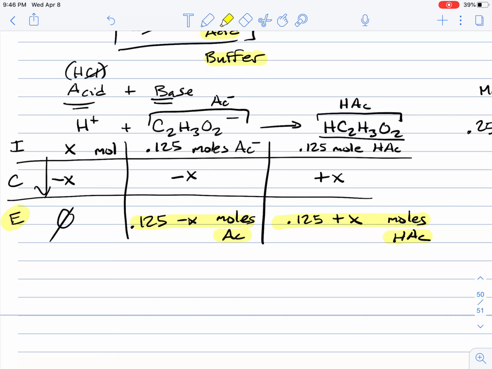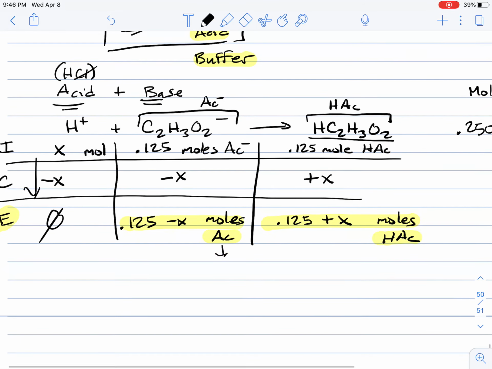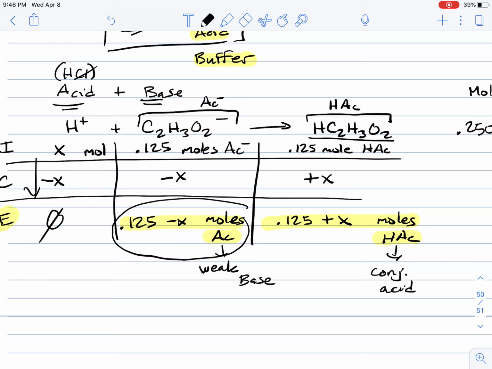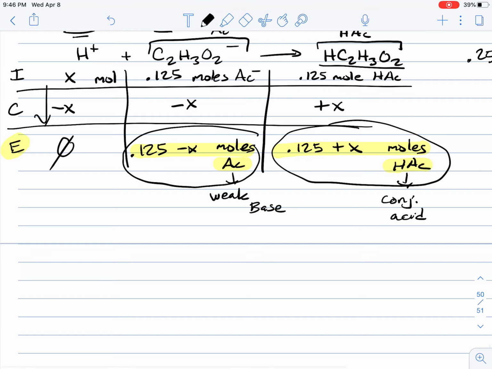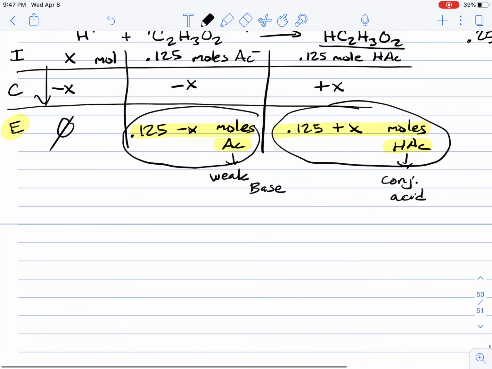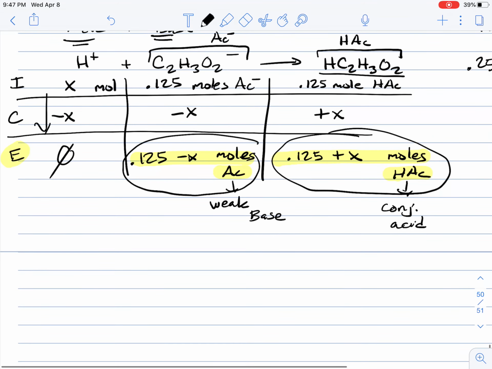And once again, since acetate is a weak base and acetic acid is its conjugate, and since we have both of them still present at equilibrium in our solution, we can go ahead and use the Henderson-Hasselbalch equation to determine the initial amount of moles of hydrogen ion that we have by solving for x.